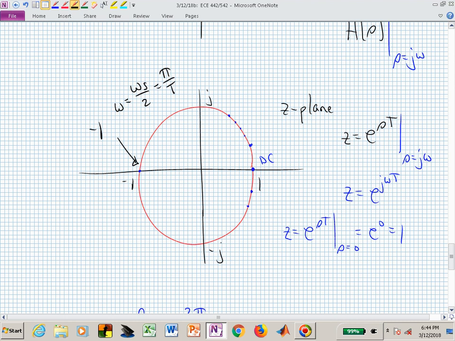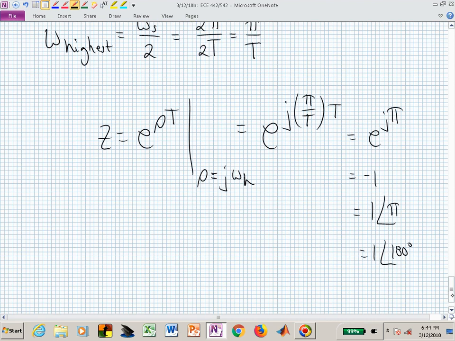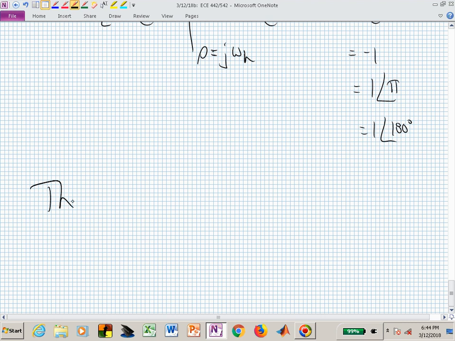That's why, if we wanted a factor, the zero factor associated with z equal to -1, what is it? What factor has a root when z is equal to -1?